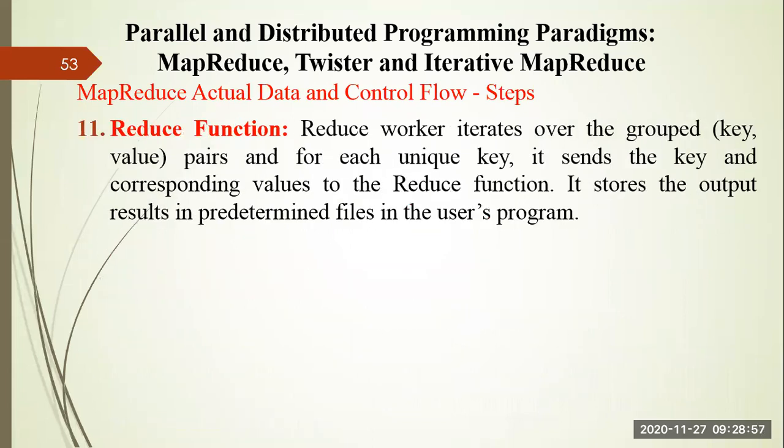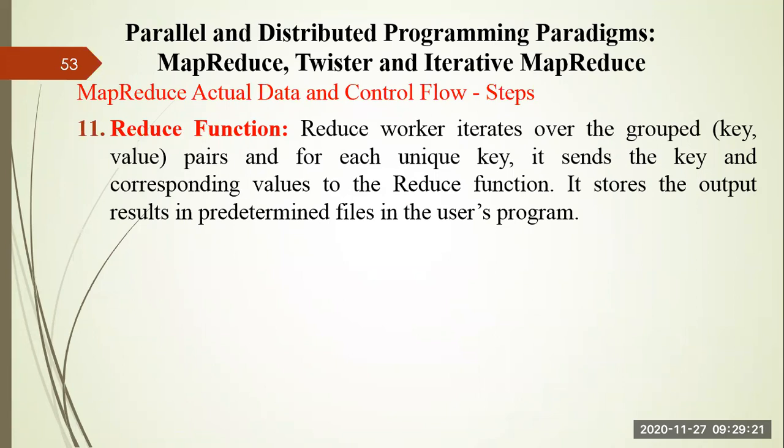The next one is your reduce function. What we are doing here is that the reduce worker iterates over the grouped key-value pairs, and for each unique key, it sends the key and the corresponding values to the reduce function. After collecting everything, you are grouping, right? And you are counting how many times a particular word is repeated.